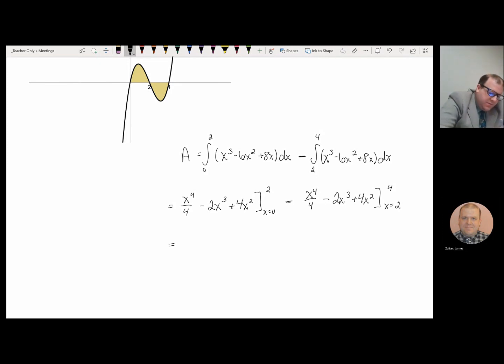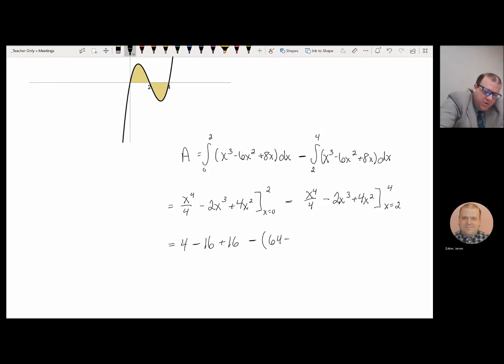Two to the fourth, 16 over 4 is 4. Minus 0 is same thing, right? So minus 2 times 2 cubed plus 4 times 2 squared. Oh dear. 4 to the fourth over 4. Okay, that's just 4 cubed, so 64.